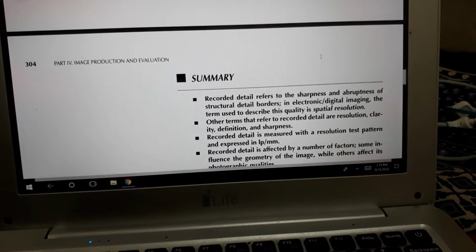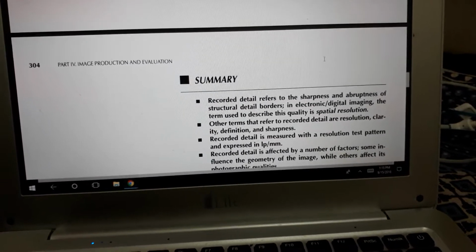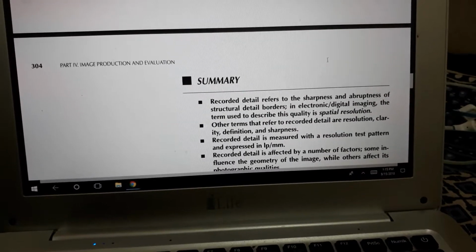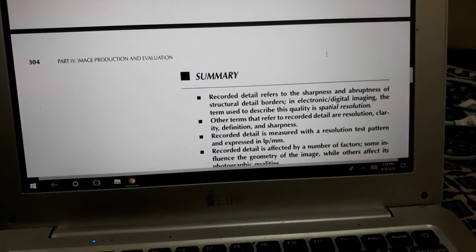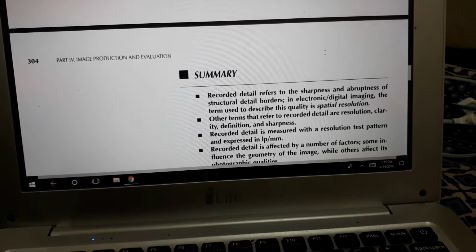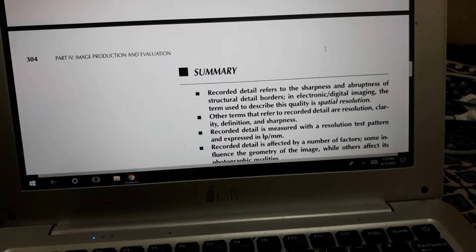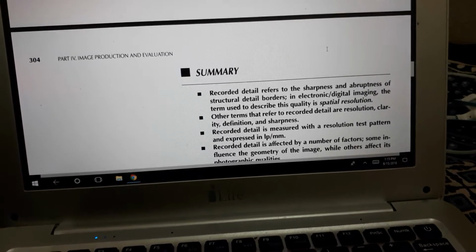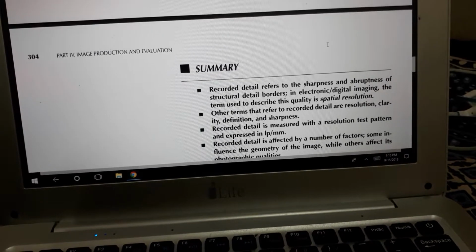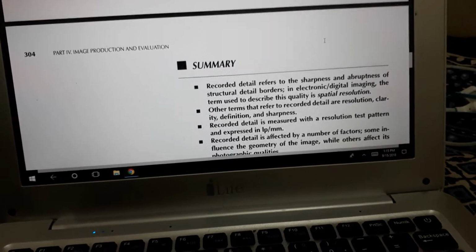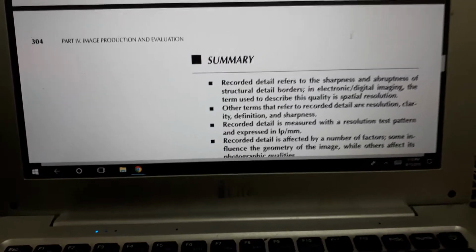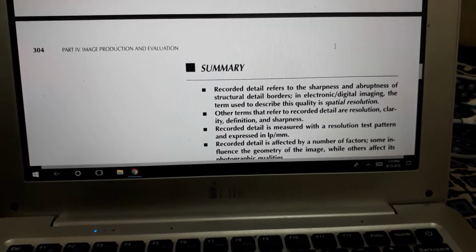Other terms that refer to record detail and the resolutions are clarity, definition, and sharpness. Record detail is measured with a resolution test pattern and expressed in lp/mm. Record detail is affected by a number of factors.